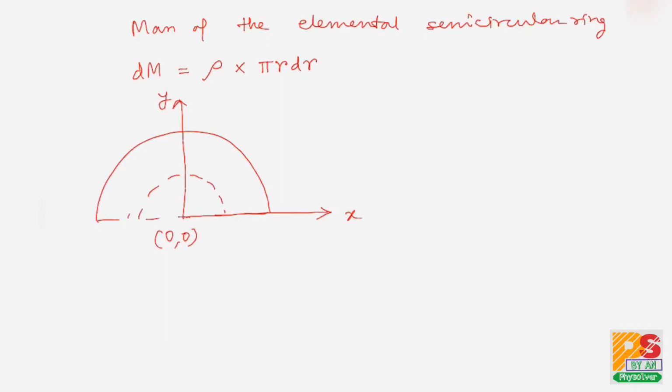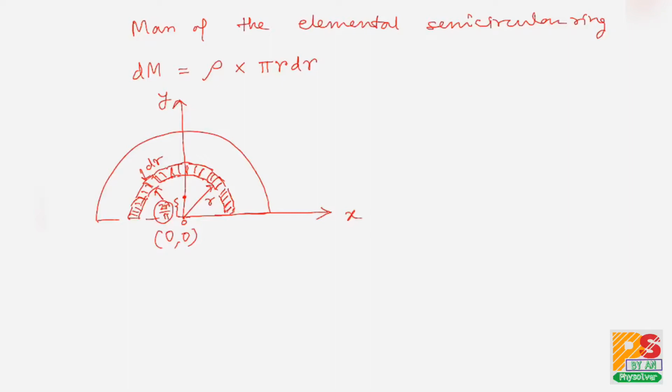This is the ring of radius r and thickness dr. Now if I ask you what will be the position of center of mass of this semicircular ring, as I mentioned in my last video, the center of mass of a semicircular ring lies on the symmetrical axis at a distance of 2r by pi from O, right or wrong?